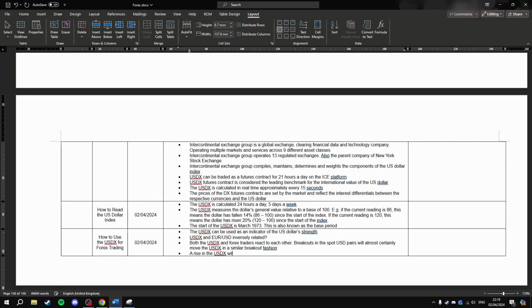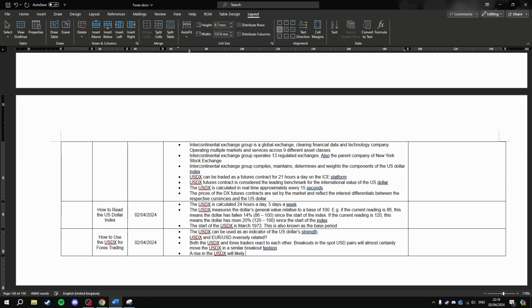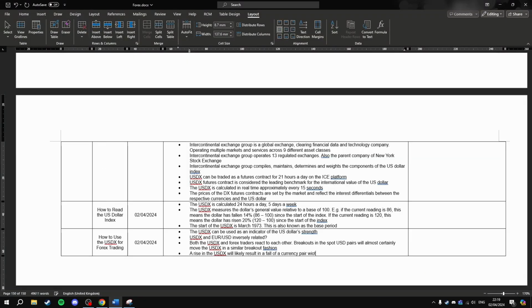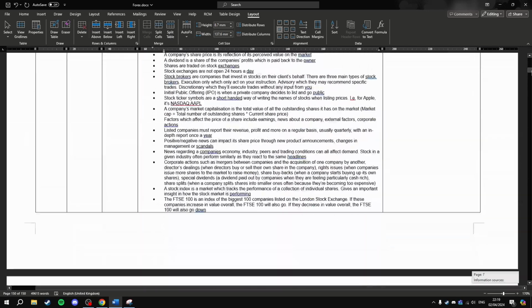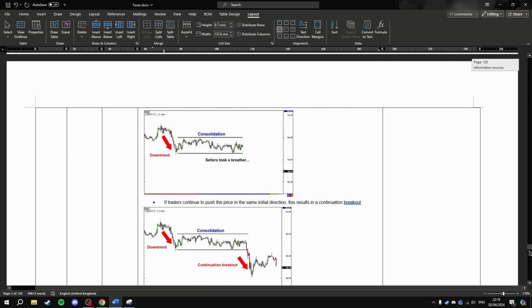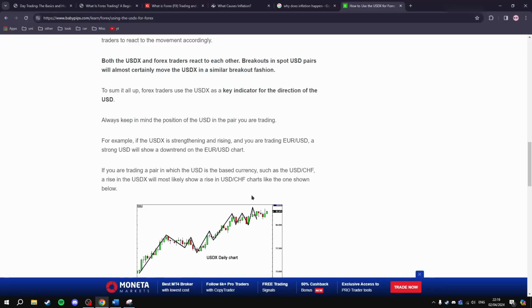A rise in the USDX will likely result in a fall of a currency pair with a base... what do they call it? Base quotes. A rise in the USDX will likely result in a fall of a currency pair with base AUD.